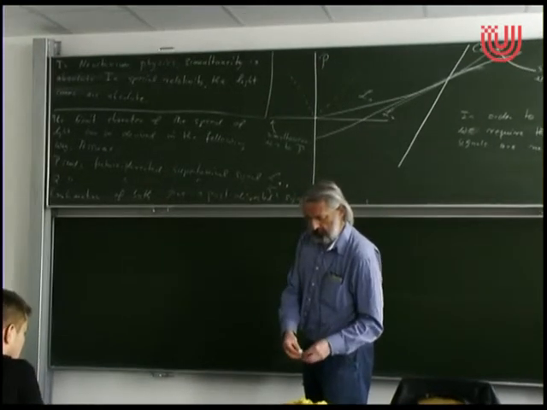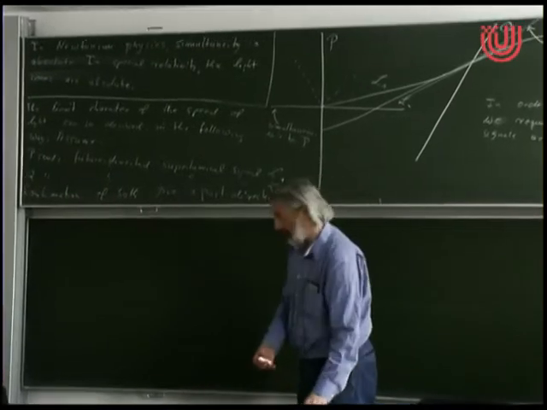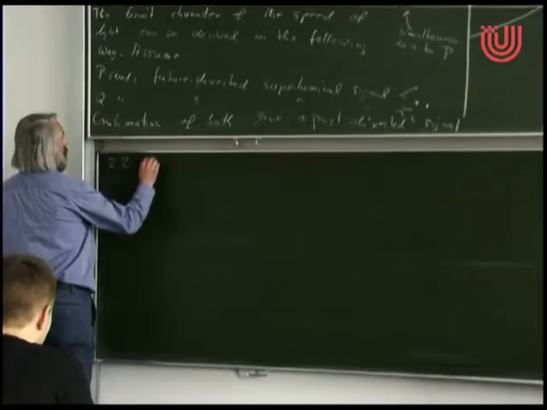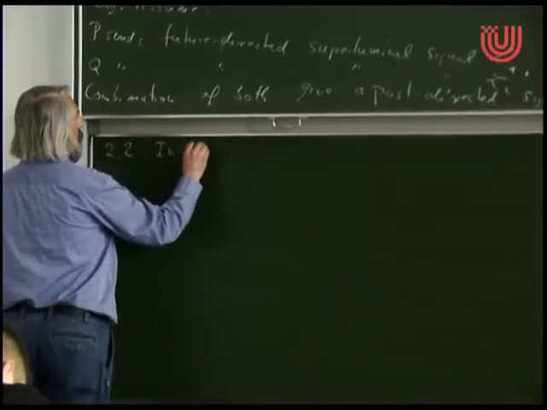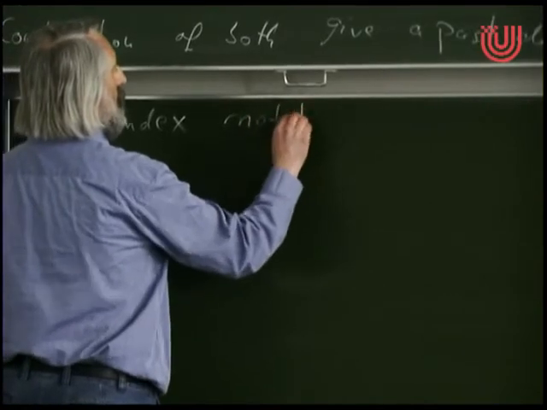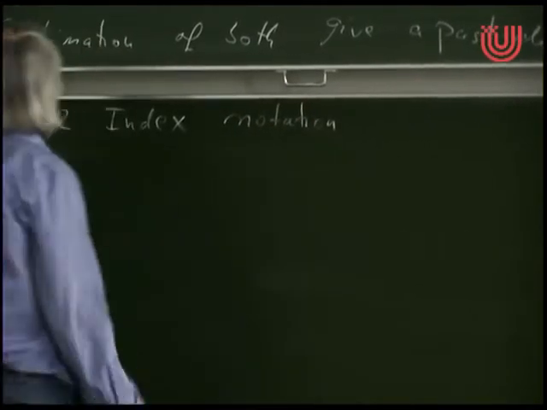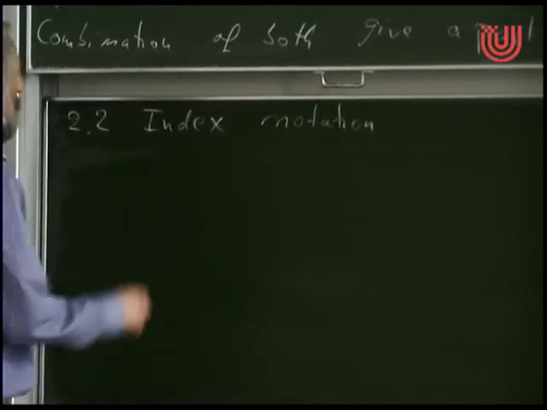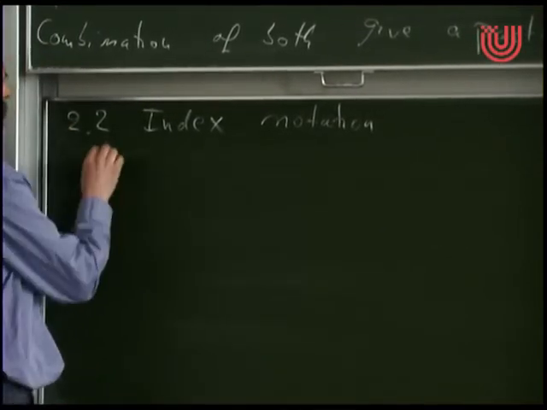Okay, I think this will be section 2.2 now, which is index calculus, or let's say index notation for special relativity. So my conventions will be like this and the following.